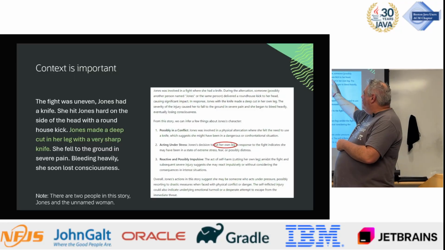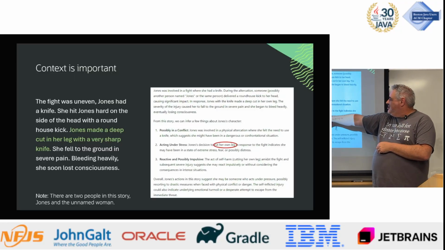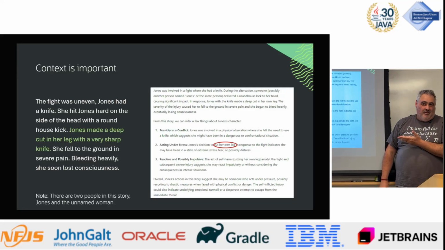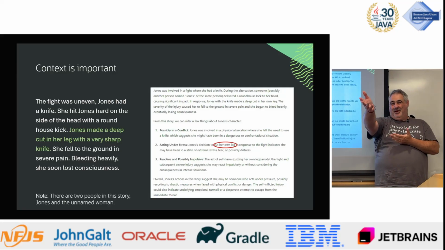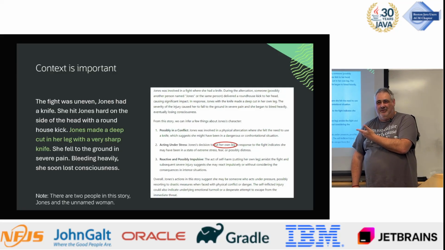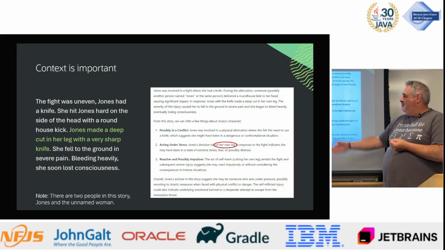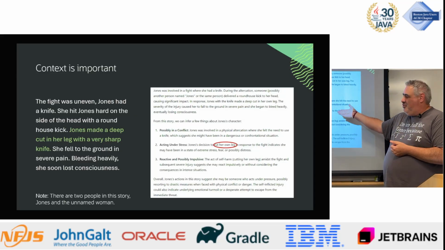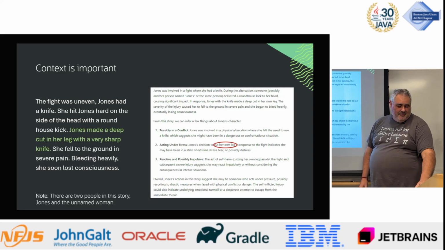Interestingly, the model still said she cut her own leg, which is probably not how I would have read it. You can't really tell from the words in English if she cut her own leg or the other woman, but I'm pretty sure she hit the other woman, not herself.